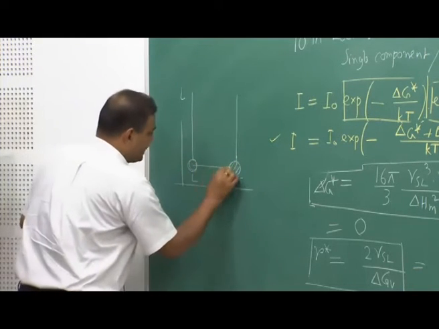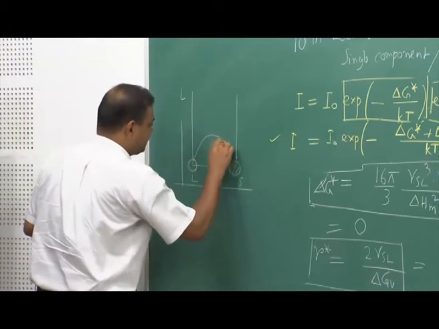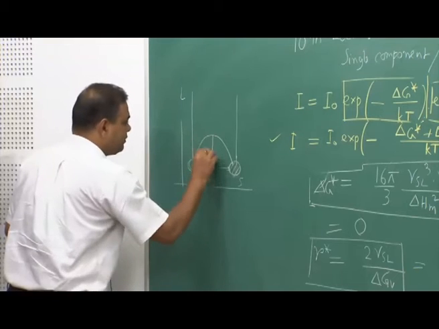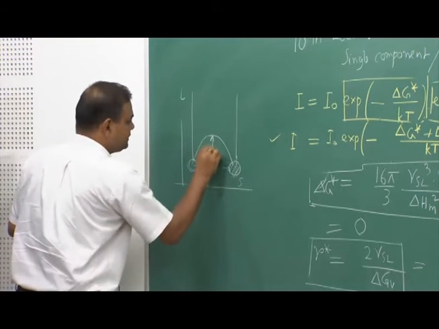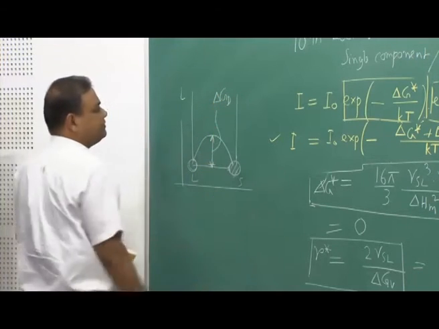It cannot go like this. It always takes a path like this, which is governed by a kind of activation energy. This activation energy is nothing but delta G d.